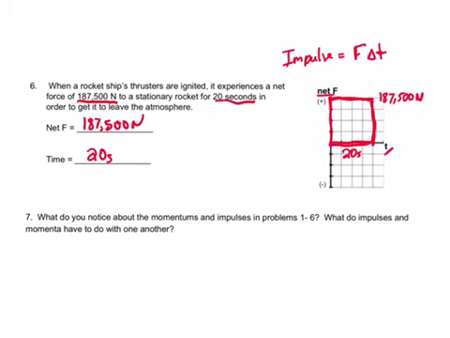Okay, so that's the impulse. Now in order to get the area of this, I have it already done out in a calculator next to me. When you multiply these two numbers together to get the area, what we have here is 3,750,000 and then 3 zeros for impulse.